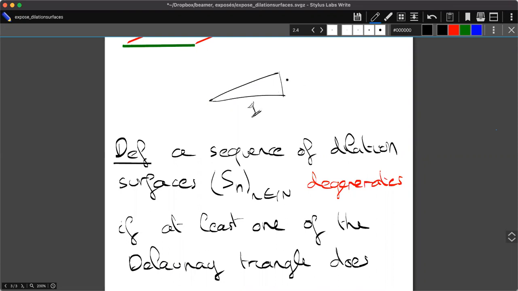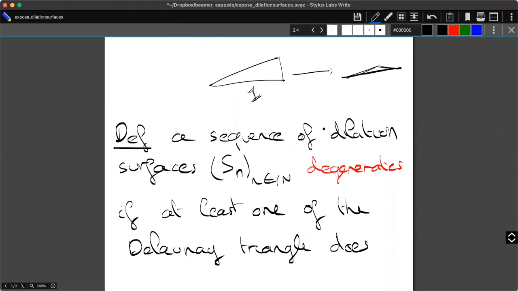So when you see a triangle with largest side equal to 1, a very natural way to say that it degenerates is to say that it will shrink into a flat triangle like this. Okay. So this is what I mean when I say that one of the Delaunay triangles degenerates. It means it shrinks when you scale it at size 1.